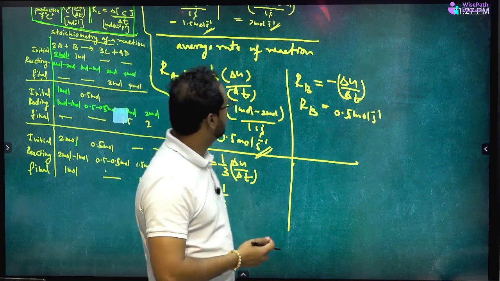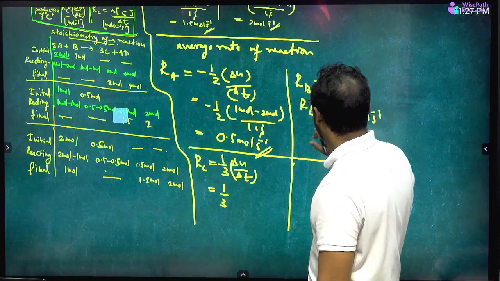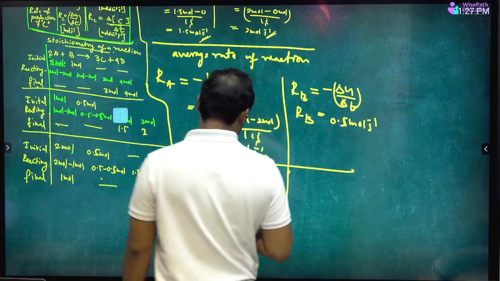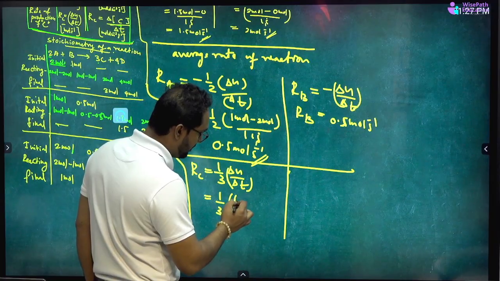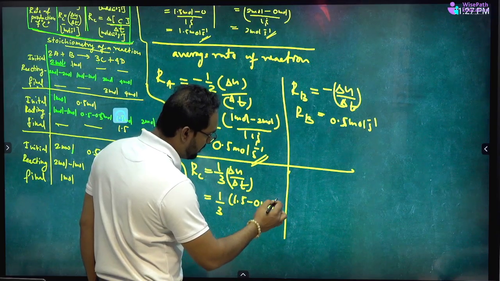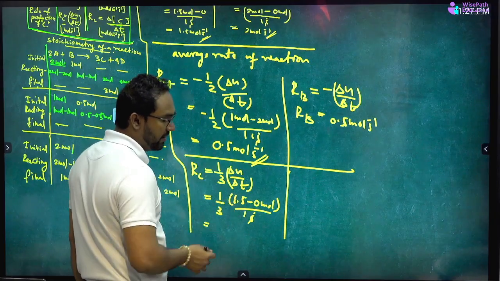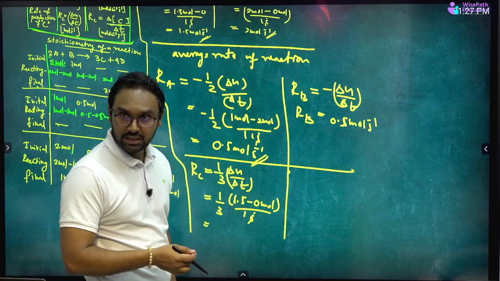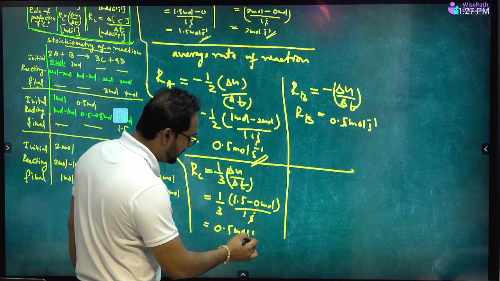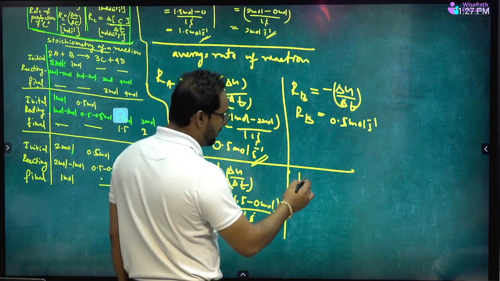Now I'll apply the values: 1.5 minus 0 mole in 1 second. 1.5 divided by 3 is 0.5 mole per second, isn't it? And what about RD?